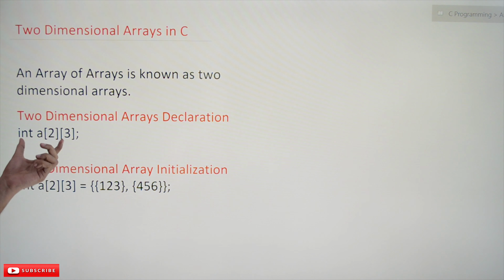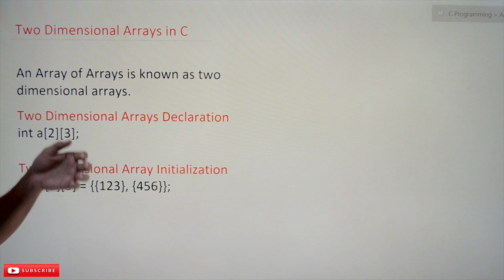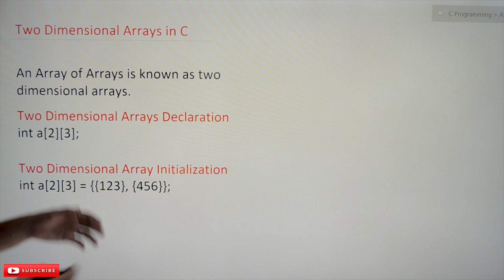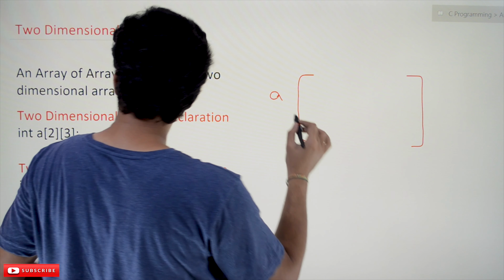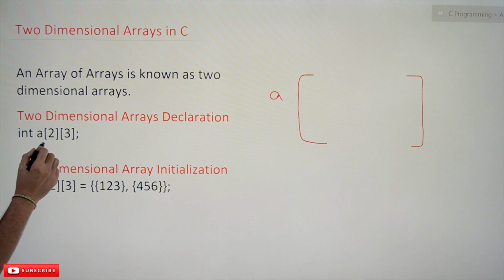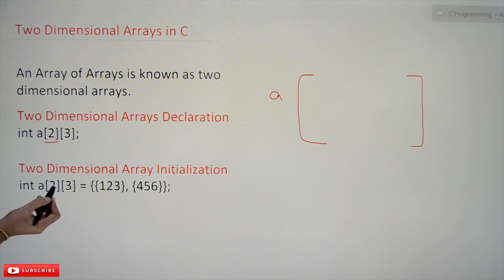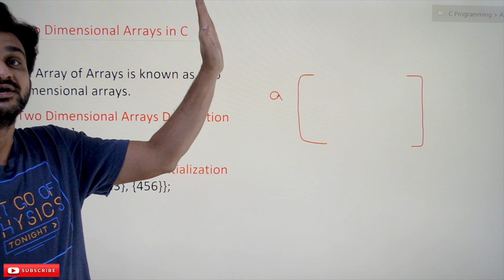Just try to understand this using the concept of matrices. Whenever this kind of declaration is made, an array A can be visualized as a matrix or as a table. It is a two-dimensional array, which means it has another axis as well.